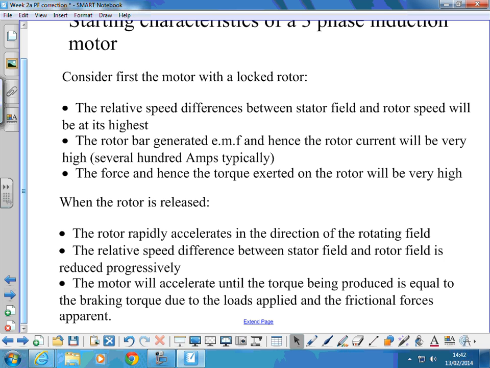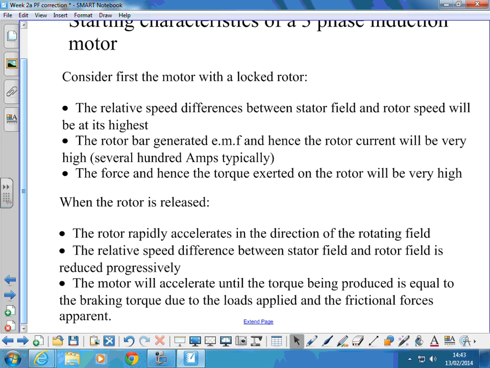As it accelerates, the relative speed difference between the stator field and the rotor field progressively reduces. The motor will accelerate until the torque being produced by the motor is equal to the braking torque that's trying to hold it back. So all the friction and the applied load that you're trying to spin, that's applying a braking torque to the motor.